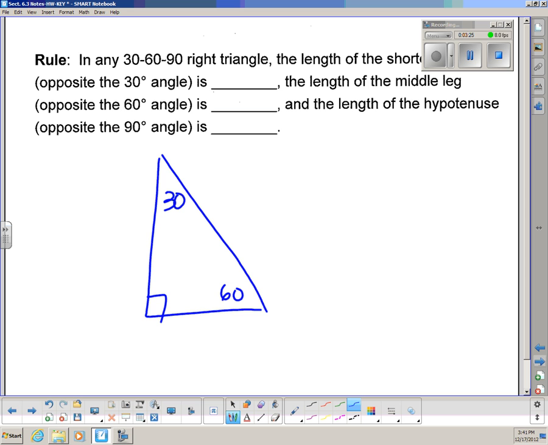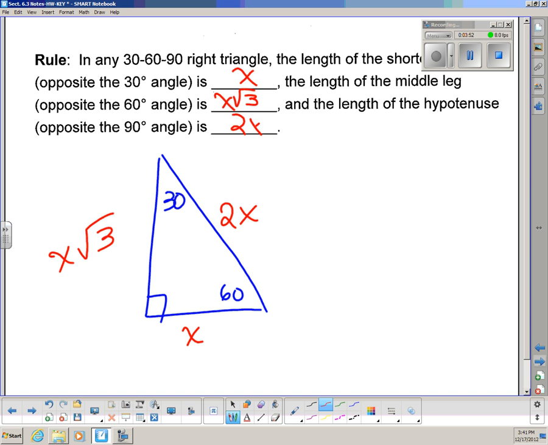triangle, the length of the shortest leg opposite the 30 degrees is always going to take the expression of x. The side opposite the 60-degree angle is always going to be whatever the short leg is multiplied by the square root of 3. It's just a little bit bigger than that leg. And the hypotenuse, the length that's opposite the 90-degree angle, is always going to be double the short leg.